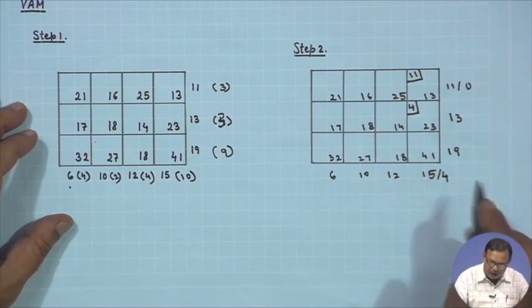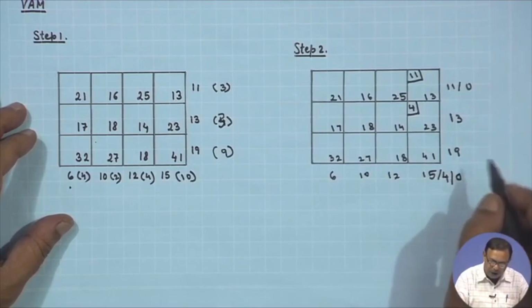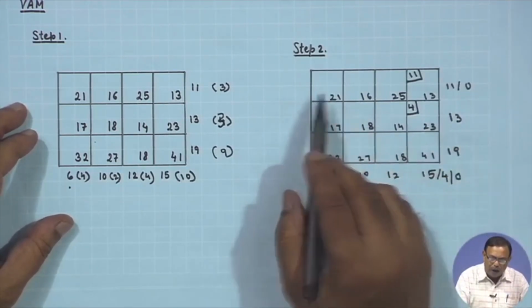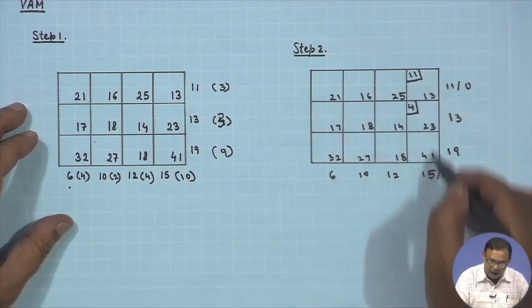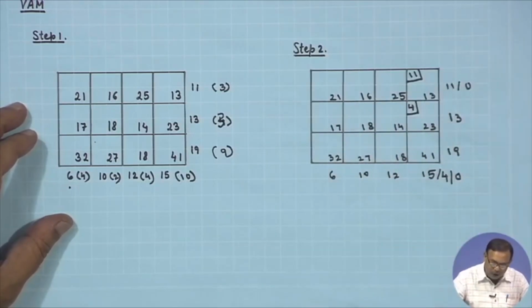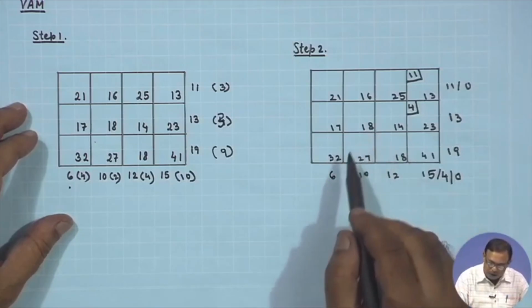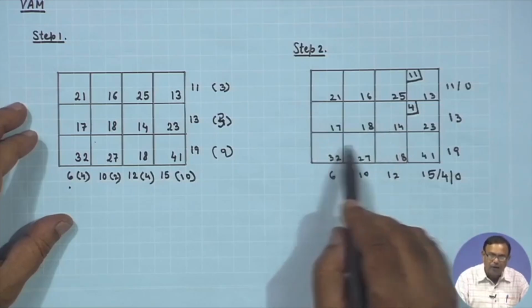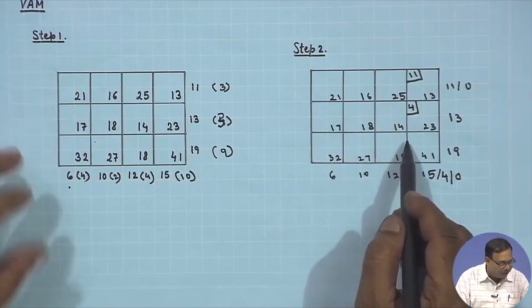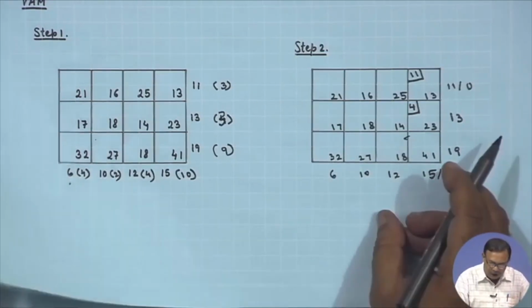So, now from the next table this becomes effectively 0. So, you have allocated the requirement in the first row and in the fourth column. So, your remaining things will be how many? Only the second row and third row and 3 columns will be there. So, I am writing the next table.